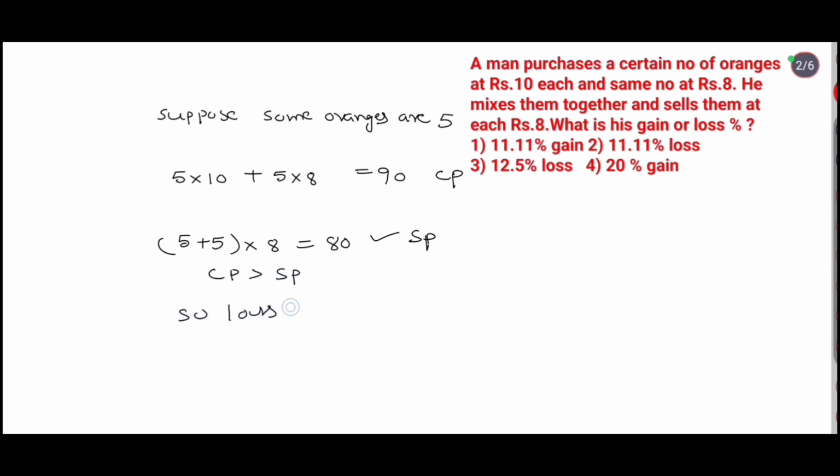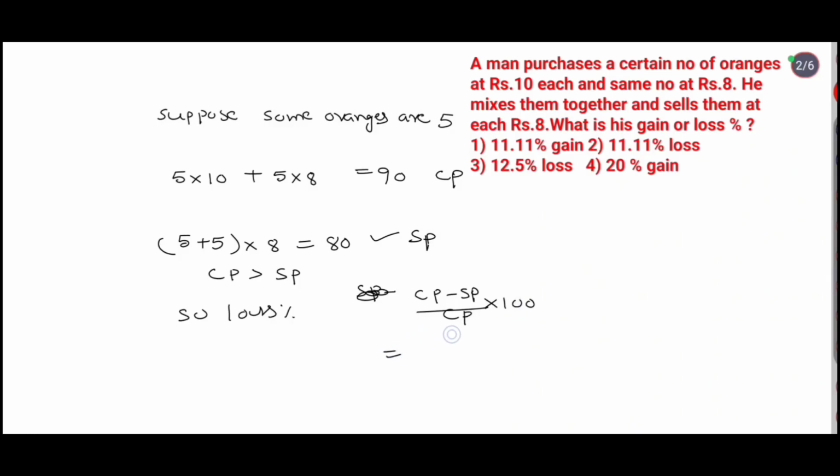So the loss percentage is cost price minus selling price, 90 minus 80, divided by cost price, multiplied by 100.